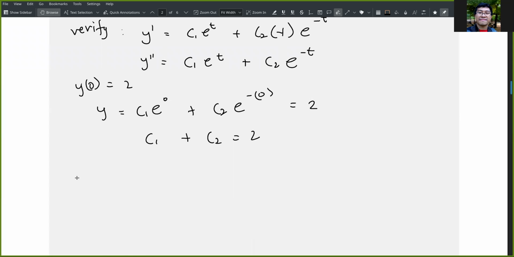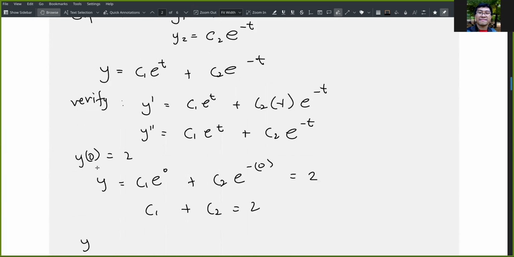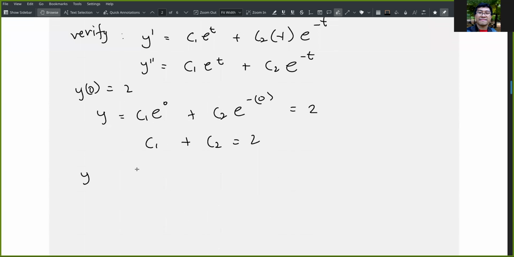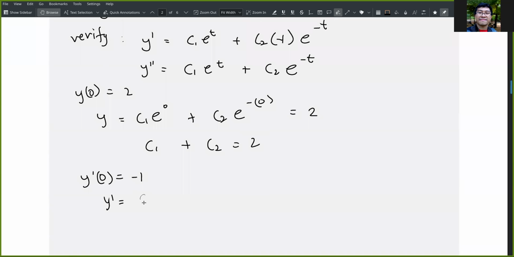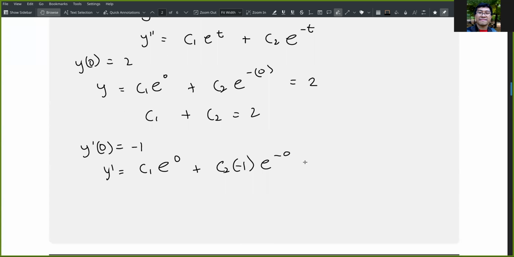The second initial condition is y prime (0) equals minus 1. So we have y prime equals c1 e to the power of 0 plus c2 times minus 1 e to the power of 0. This is equal to minus 1. So you have c1 minus c2 equals minus 1.